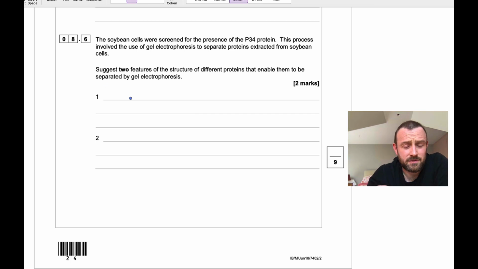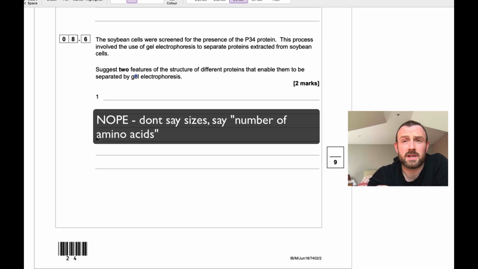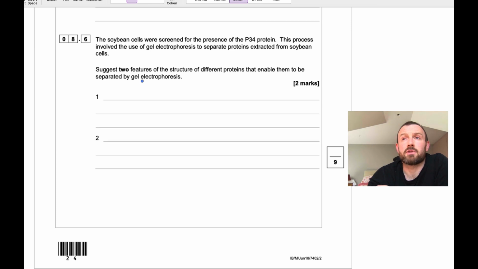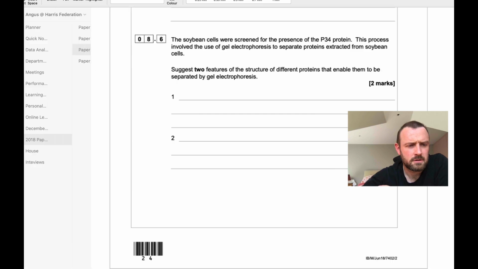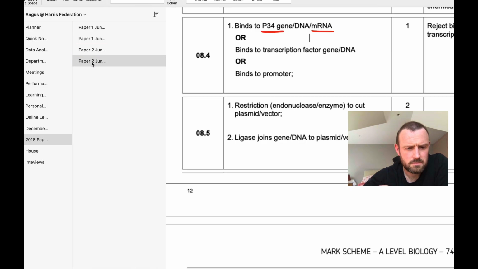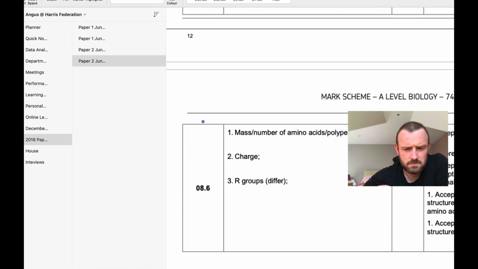Okay, so proteins can be different sizes, and proteins are generally charged. Is that right? Yeah, okay. I was pretty skeptical about that, so I wasn't really sure, but yeah.